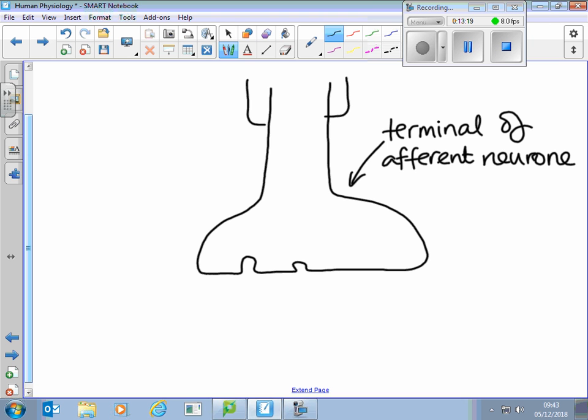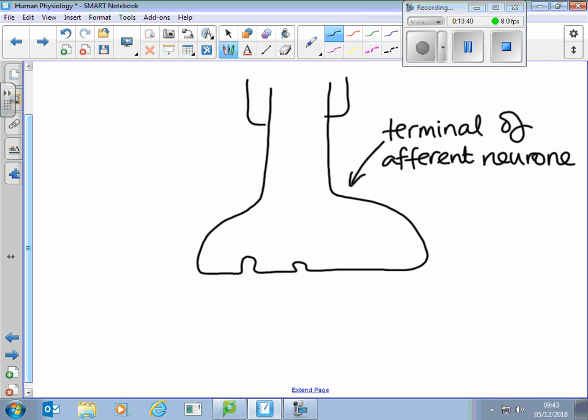Now I need to draw the efferent neuron, the one that's going out. This is quite tricky because the membrane of that cell has gated sodium channels in it, because what we're trying to pass on is opening the sodium channels, isn't it? Because that's an action potential.